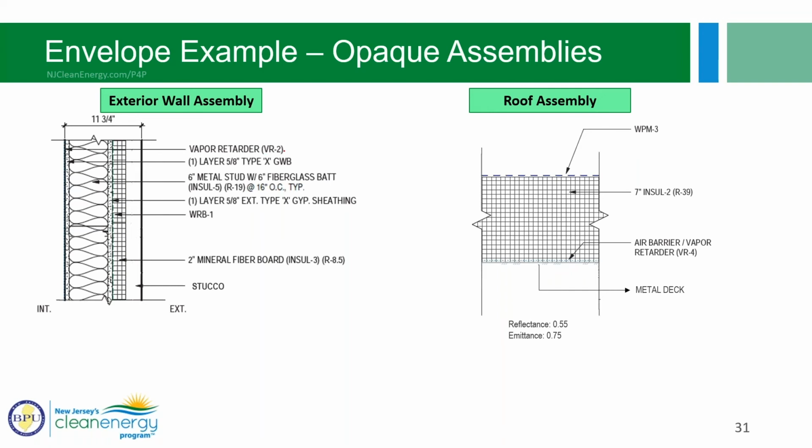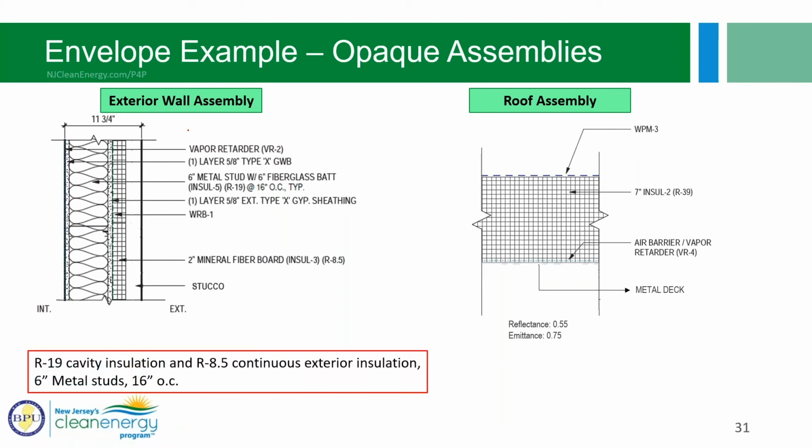And if we look at our layers and the description for each layer, we can see that we have a wall assembly that contains R19 cavity insulation and R8 continuous insulation, that's a continuous layer, and that we've got 6-inch metal studs, and nice, it tells us right there, that they're 16-inch on center.